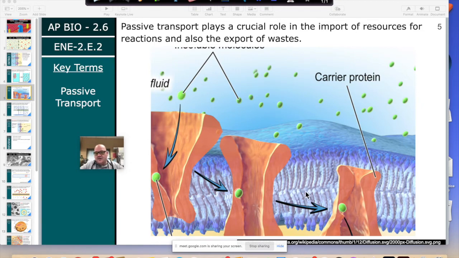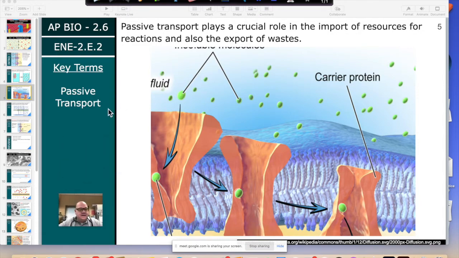Water can go through very slowly, but if you want something to go in faster, you usually have these carrier proteins, transport proteins, on the membrane of the cell that will either open or be open to particular substances. Usually these are selective. They're only going to let certain things through.